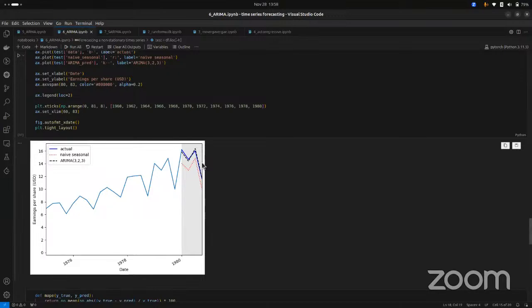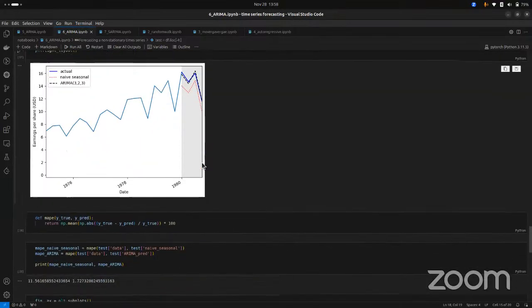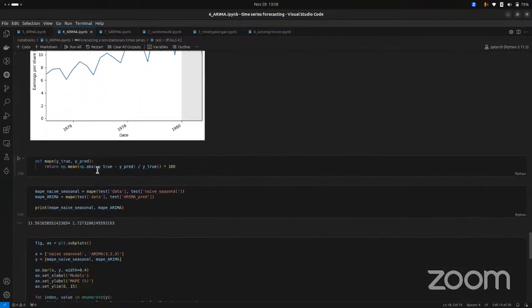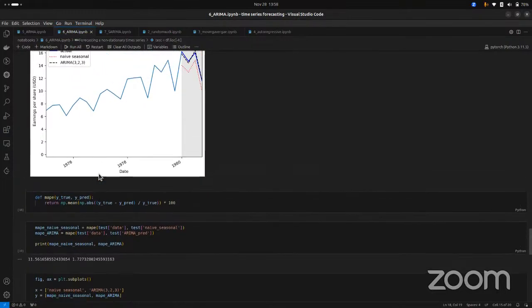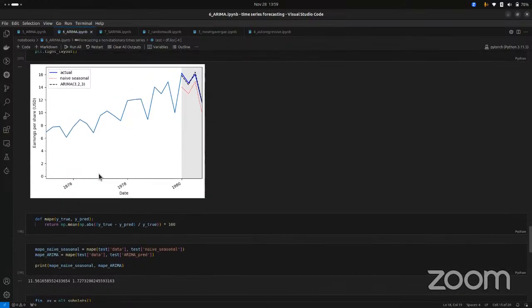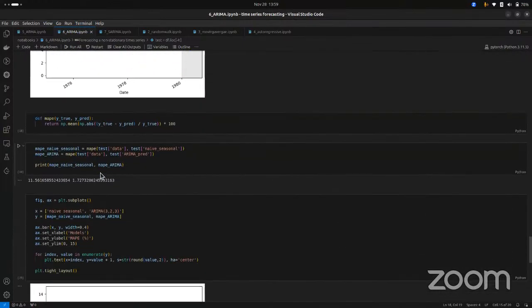So the actual values, right? So now we have to use a metric, right? We can't just use plots. We have to get metrics to evaluate with numbers. How good is this model, right? So we're going to use the mean absolute percentage error, right?